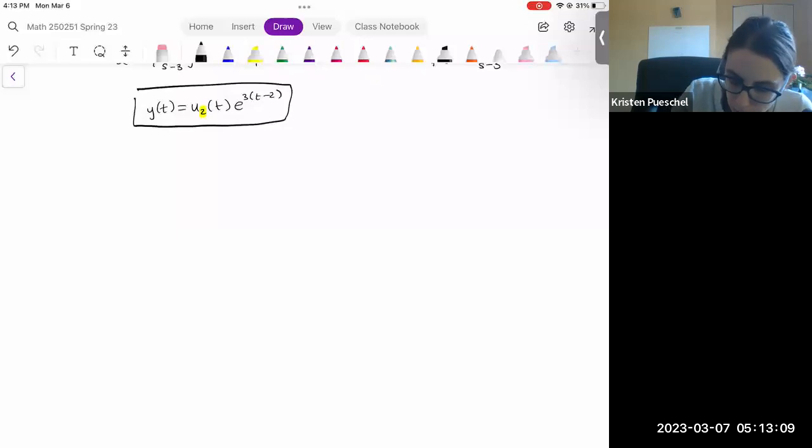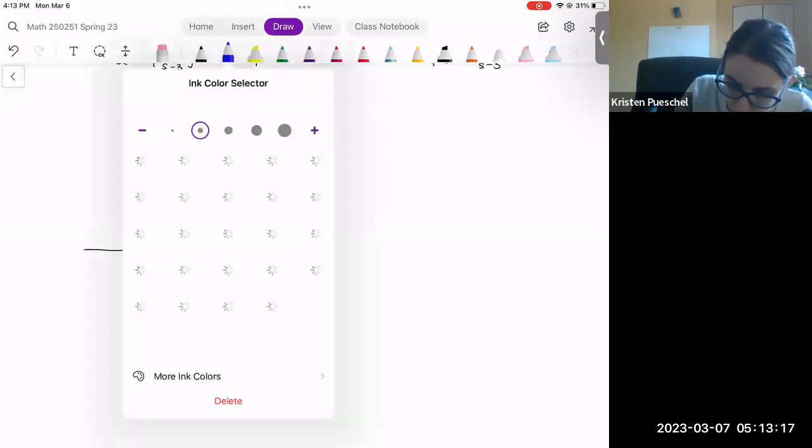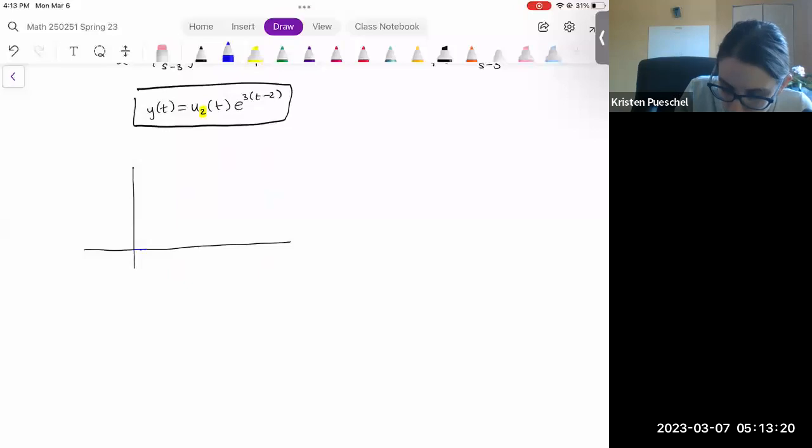If we want to think about the graph of this function, which is nice if we're thinking about solutions. So it's going to be equal to 0. Let's make this a little chunkier. It's going to be equal to 0 until time 2, at which point it's going to look like e to the 3 times (t minus 2).